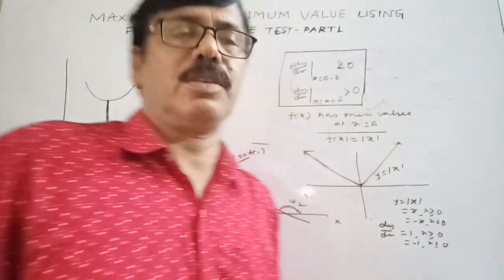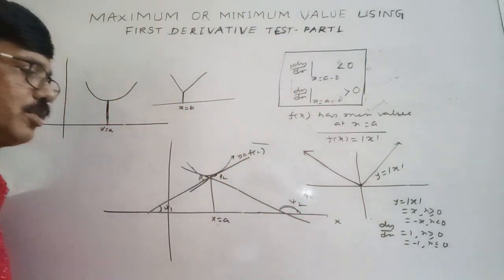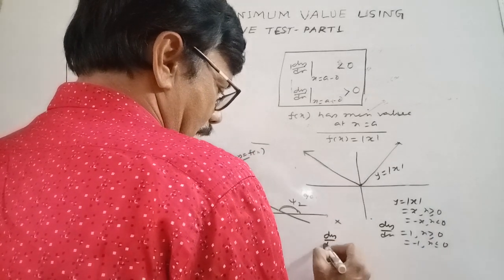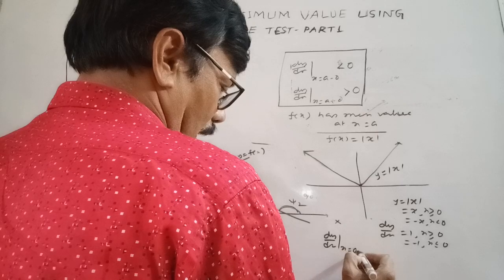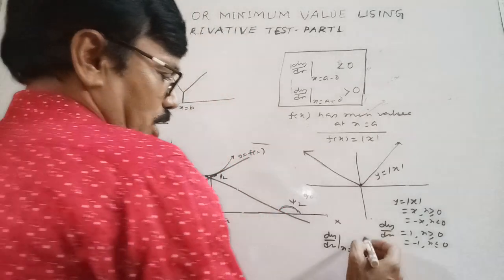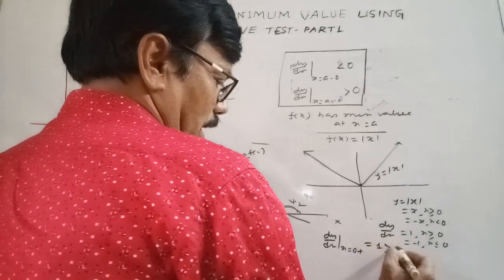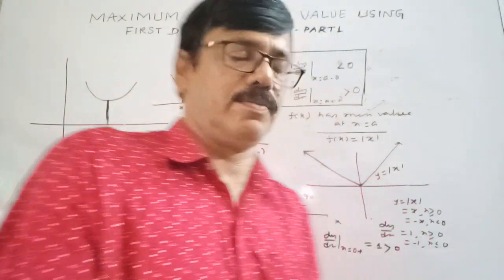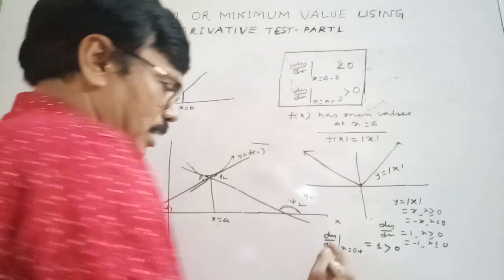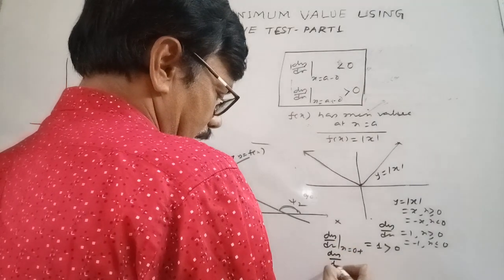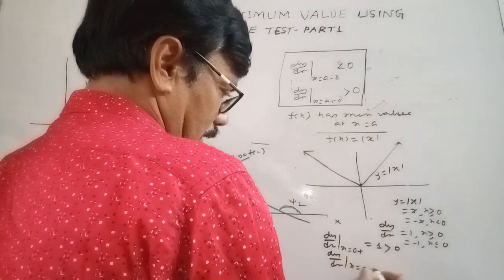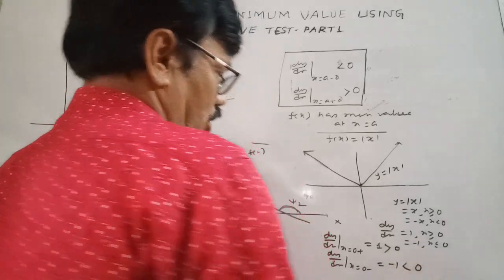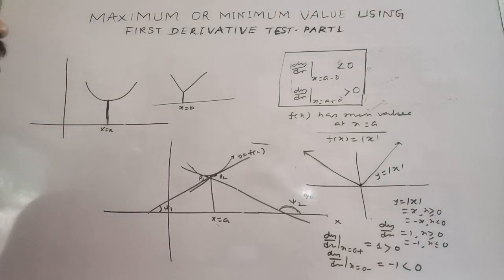Now we discuss it from the idea of first order derivative. So dy by dx at x equals 0 plus is greater than 0, this is 1. We know the right hand derivative of the mod function is always 1. And dy by dx at x equals 0 minus is minus 1, less than 0. So look at the definition.